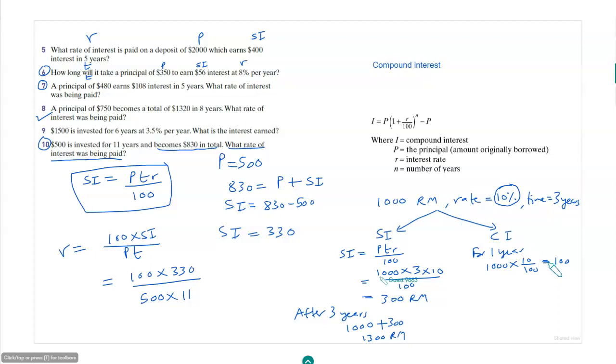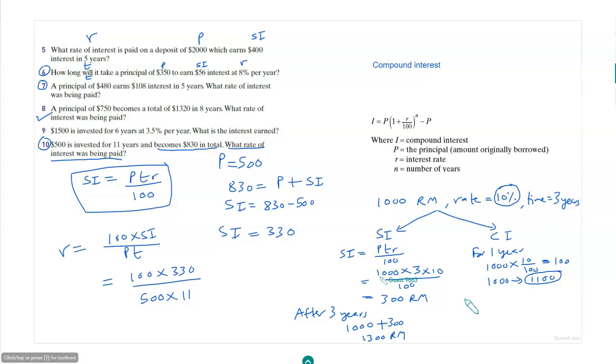So 1000 becomes 1000 plus 100, so 1100. This is how much you have after 1 year.